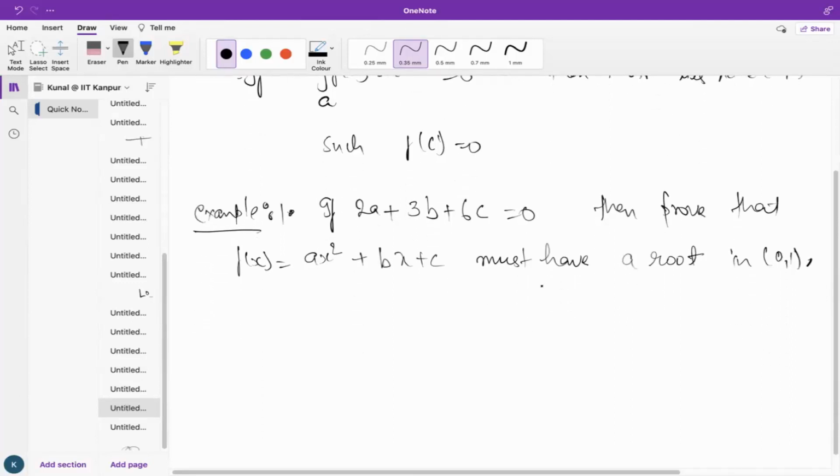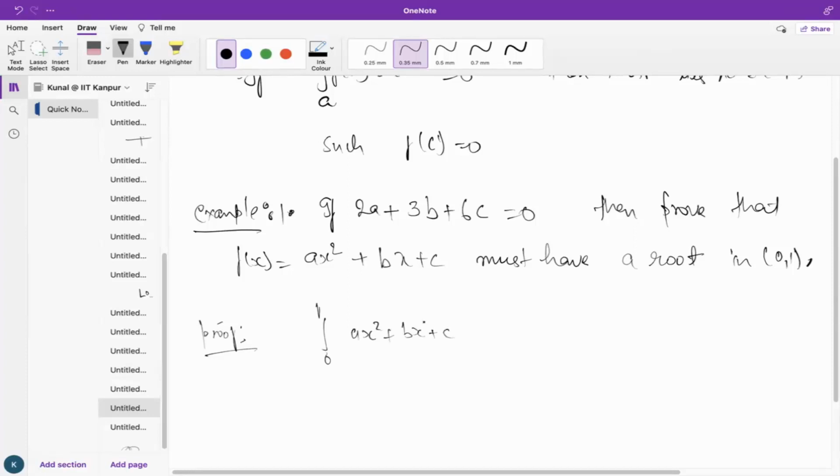We have to prove that if 2a plus 3b plus 6c is equal to 0, then f(x), which is ax square plus bx plus c, must have a root in 0 to 1. That means if we go through the proof, its integration should be 0 between 0 to 1, right?